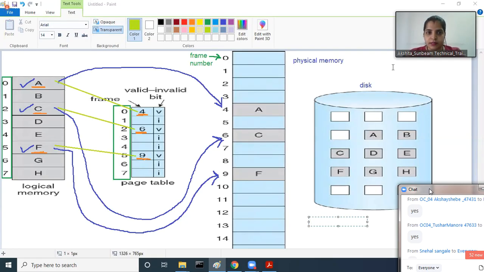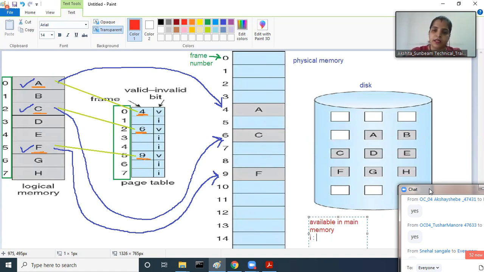V indicates valid: the page is available in main memory.